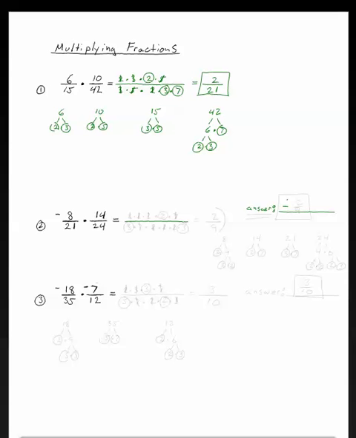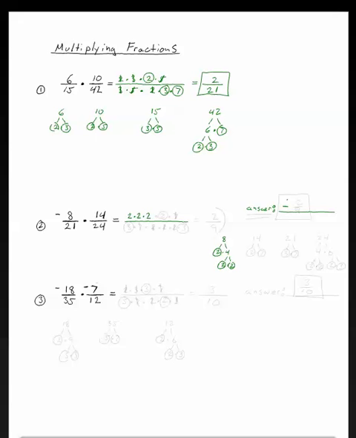So the first thing I do is break down my 8. 8 is 2 times 4. 2 is prime, 4 is not. 4 is 2 times 2, and 2 is prime. So the 8 breaks down into 2 times 2 times 2.